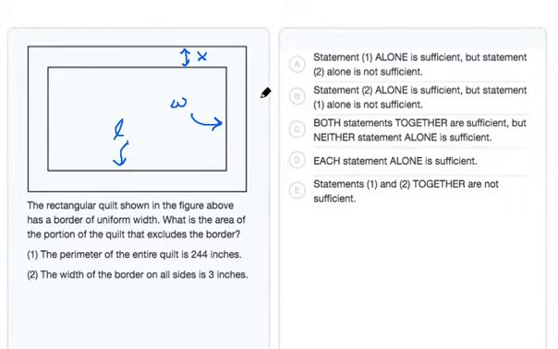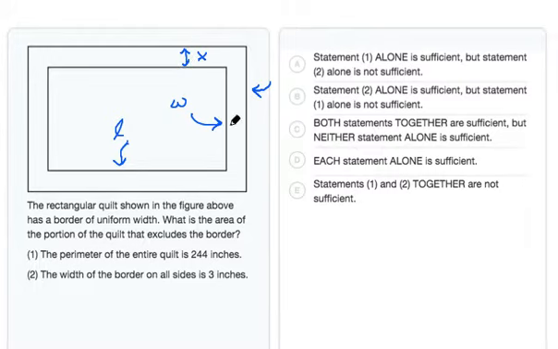Meaning that if we were to look at the exterior, the dimensions of the entire quilt including the border, this entire width would be the width of the interior plus the width of the border.